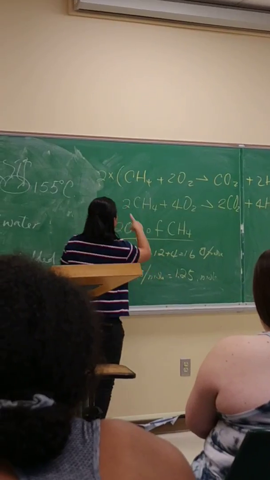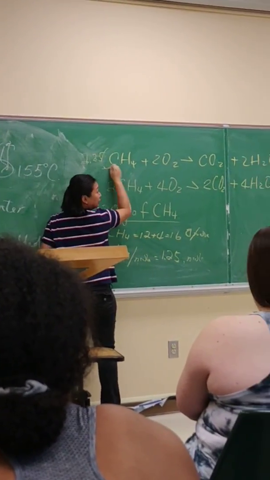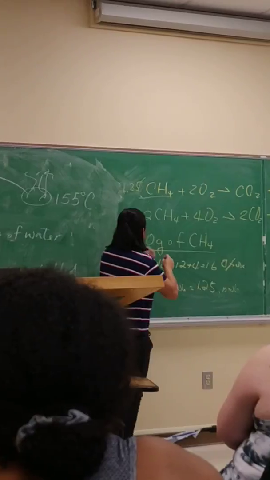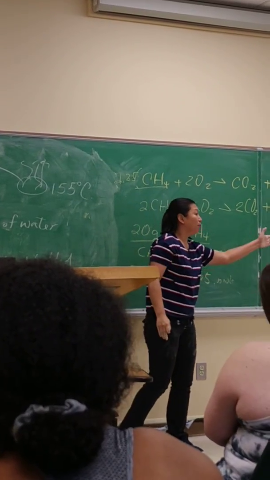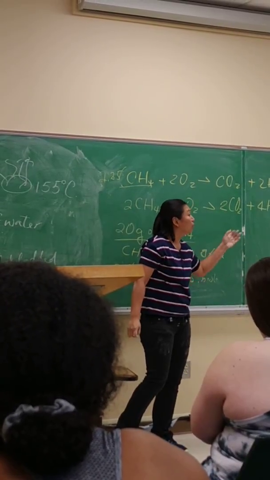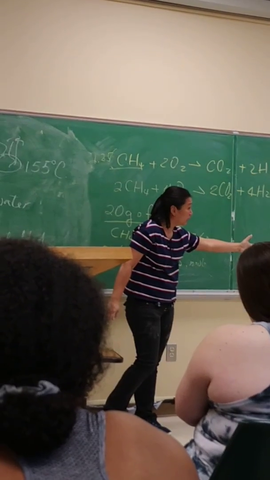So you are looking at 1.25 of this reaction. That means your delta H has to be multiplied by 1.25. That's the energy you are going to get or absorb. Are we good?